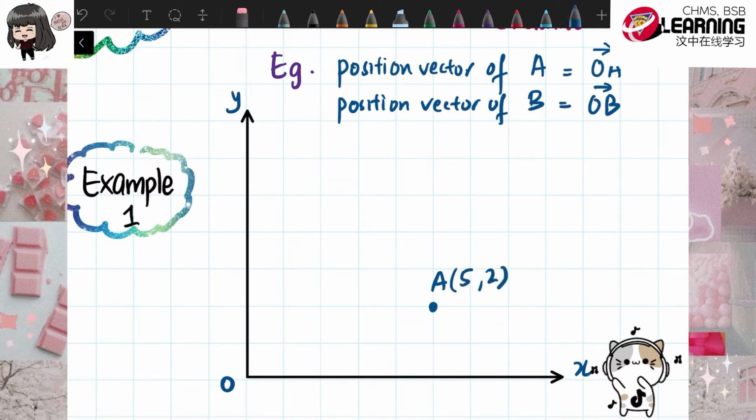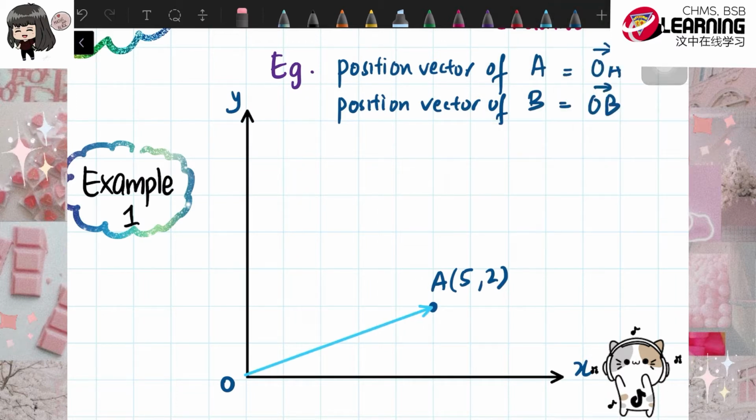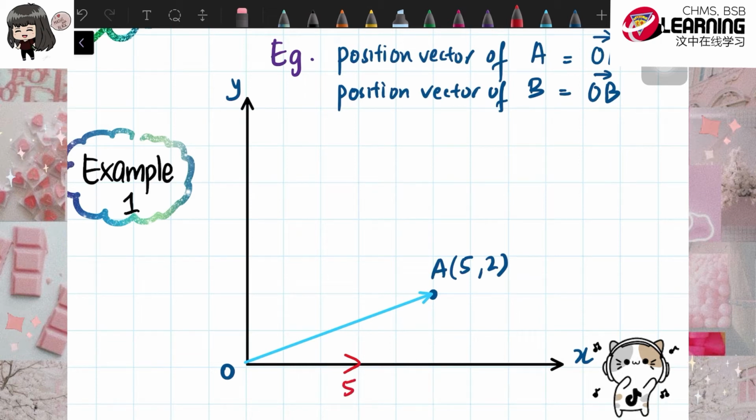So the coordinate of 5, 2 is actually relative to your origin, the center O here. What do I mean by that? If I have a direction from O going to A, it actually goes this way first, which is 5 steps, and then it goes up 2 steps, isn't it?